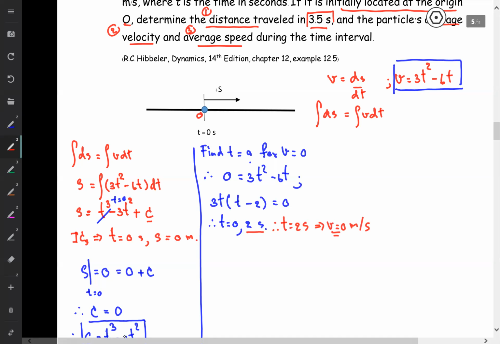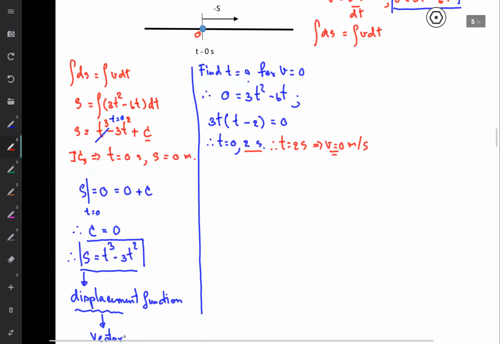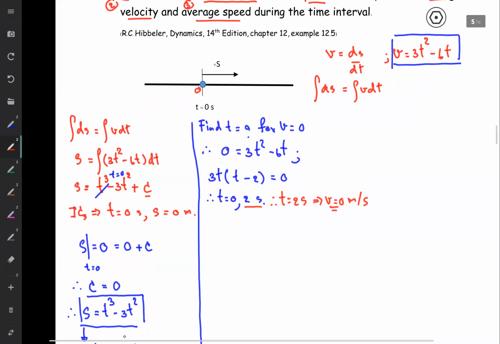Okay, so according to this, we will find the distance. The displacement may not be only positive, which means the particle does not go in the same direction.